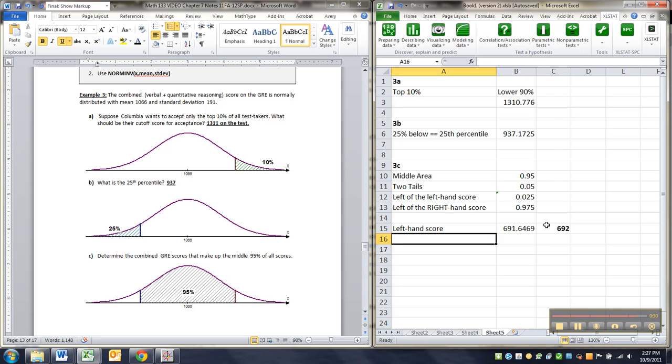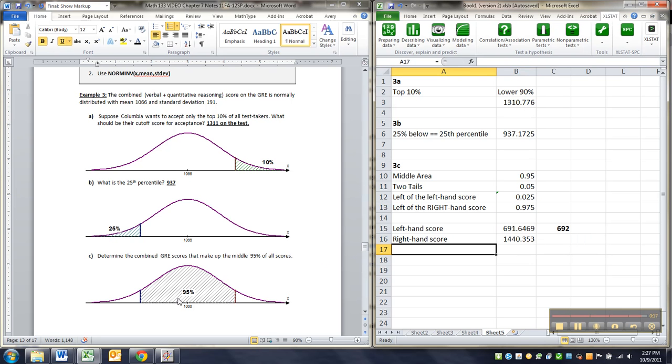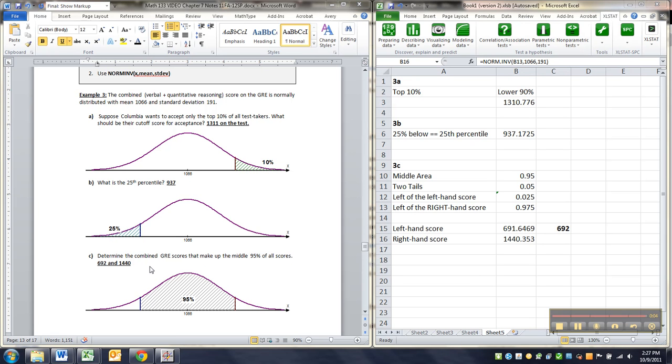But the right-hand score is equal to norm inverse of the 0.975, because you need that area to the left of that right-hand score. I need all the shaded area plus that together. And that makes 0.975, and then I do norm inverse of that. So the two scores are 692 and 1440. There they are typed up.